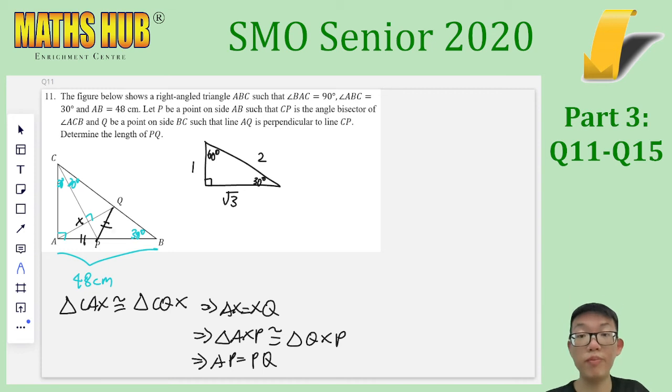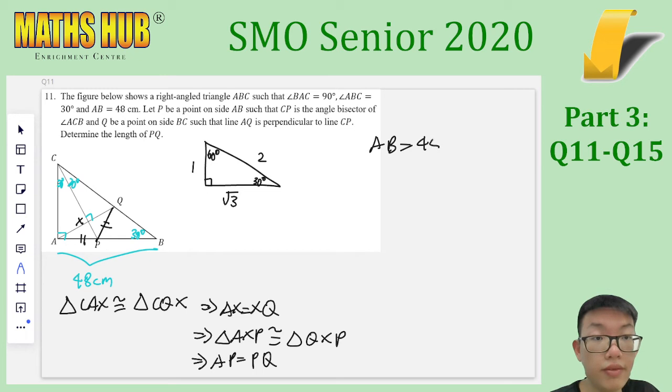So we have accomplished our first task, which is to shift PQ somewhere onto the triangle. Now after that, we're just going to use these ratios to find AP. So AB is 48 cm. That means that AC is in the ratio 1 is to root 3.